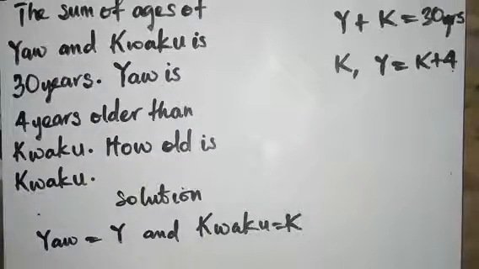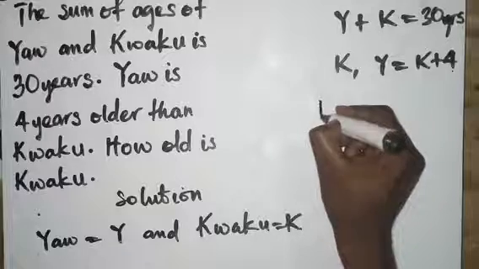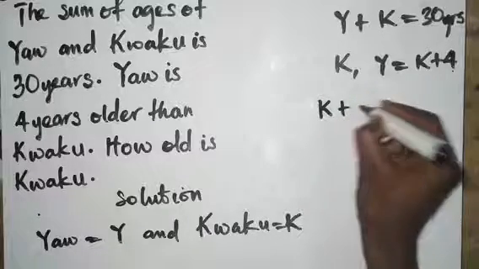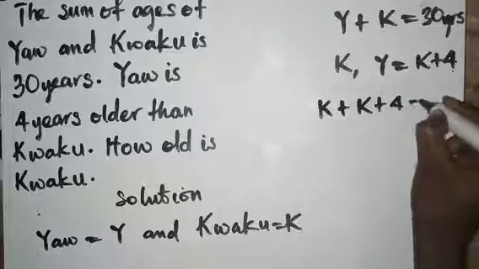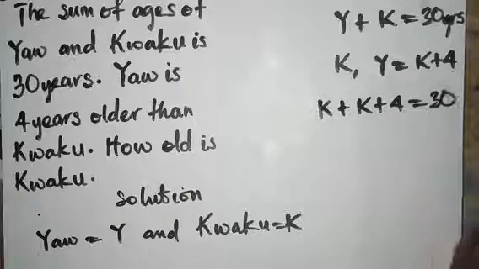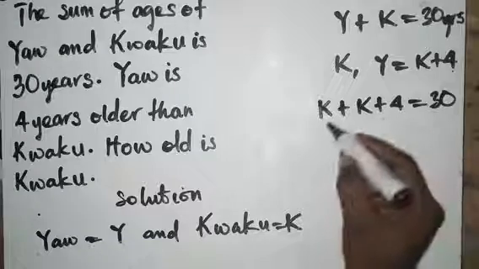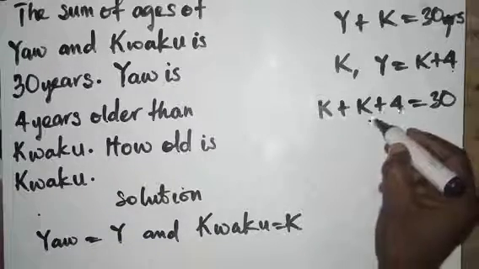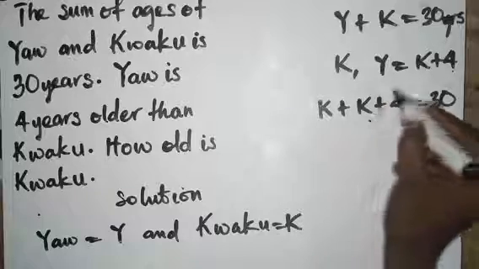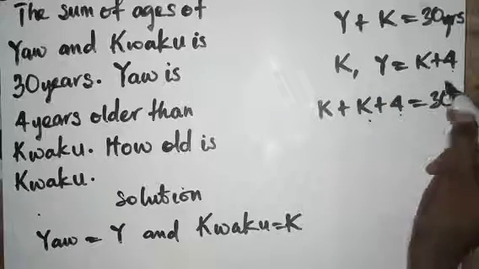Okay. So K, who is Kweku, plus K plus 4, who is Yao, equals 30, indicating that whatever Kweku is, when you add 4 to Kweku's age, it equals Yao. So K plus 4 is equal to Yao. Good.